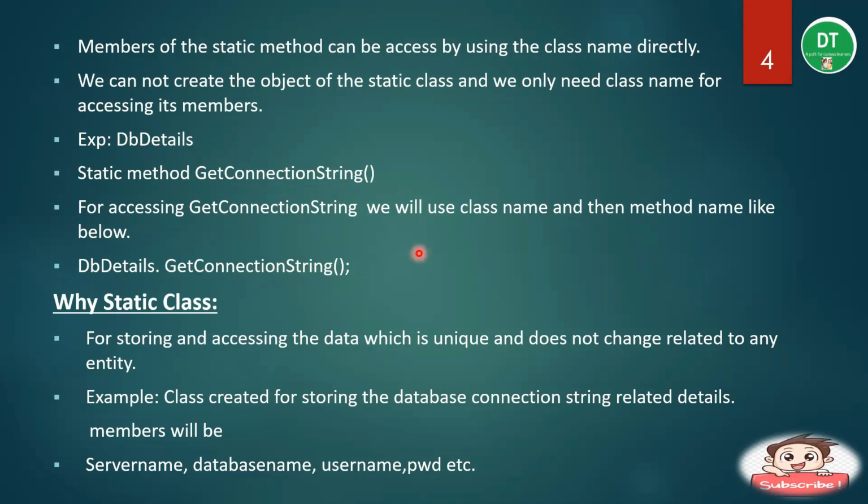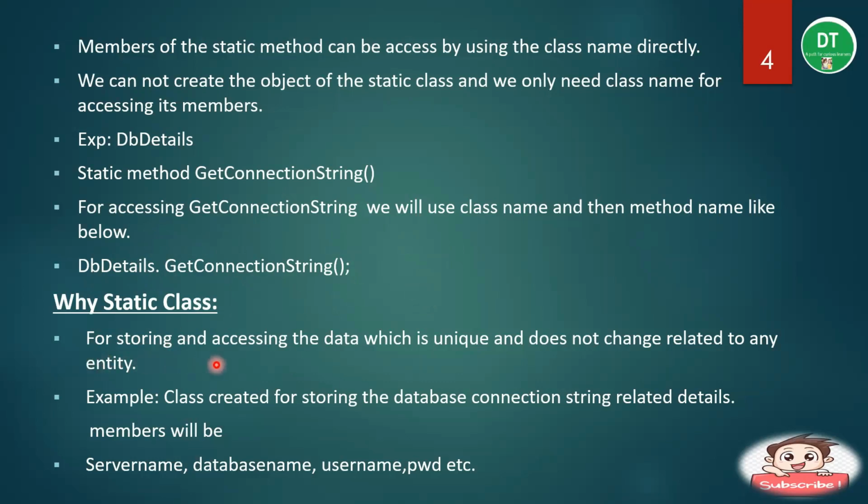How it is different from our normal class is that for accessing the methods of our regular classes, we need to first create the object of the class. Then by using the object, we can call the method. But unlike a regular class, in a static class we are using the name of the class and then calling the method.